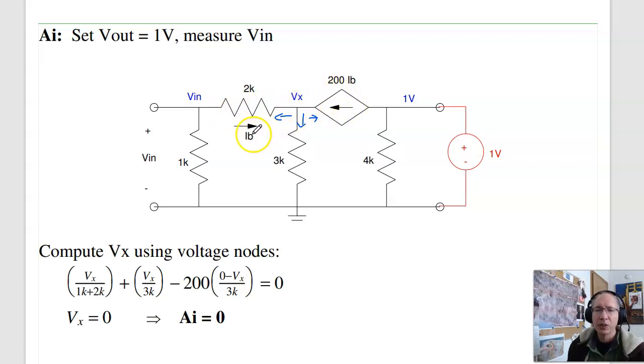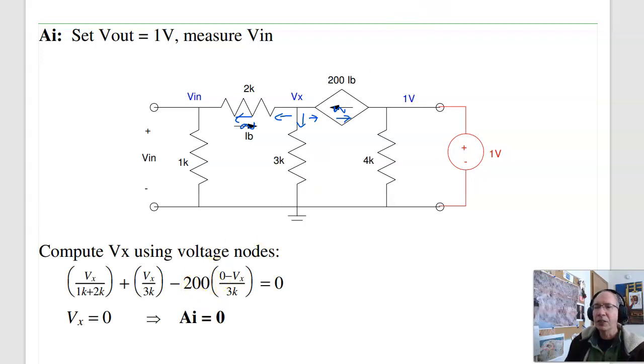Or what I could do is throw in a double negative. If I change the direction of IB this way, I've got to change this arrow. That throws in a double negative, same circuit. So this current is Vx over 3K plus 200 Vx over 3K equals 0. Solving, I get Vx equals 0.